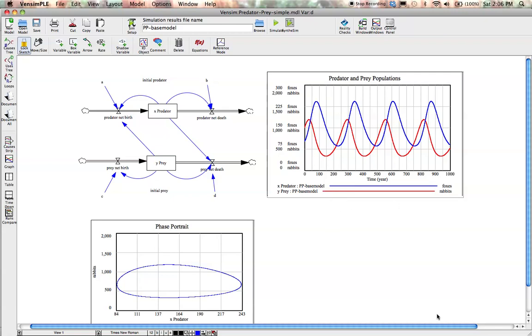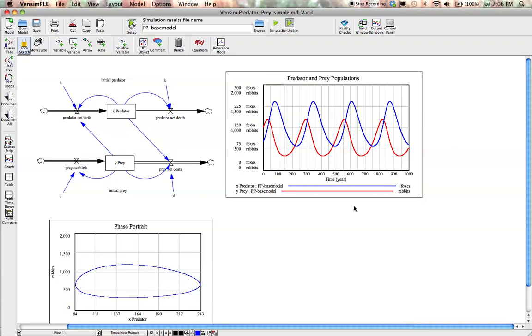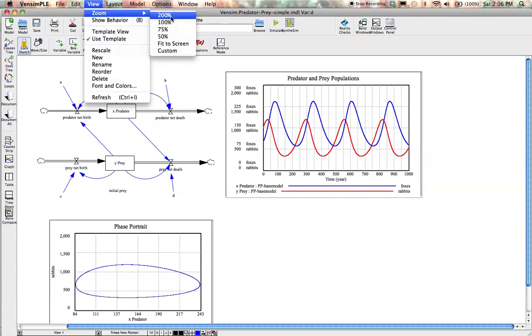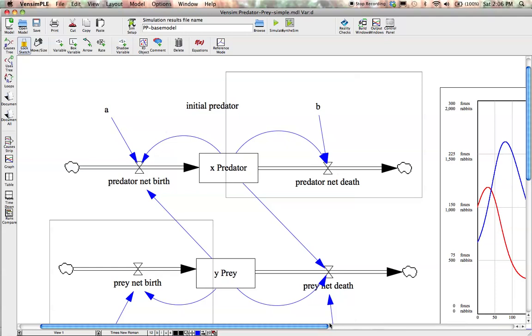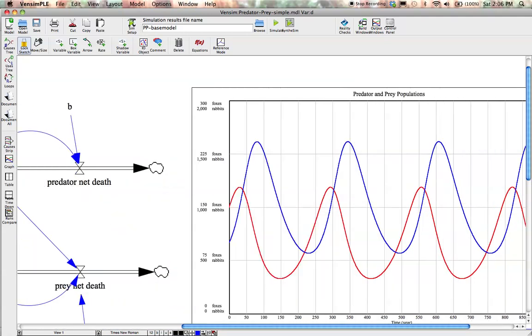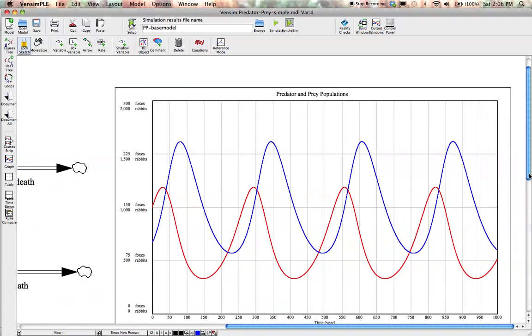I want to focus the attention on the graph here on the right, which is the one I had in the slides that I just showed. Interestingly enough, I'm going to zoom into this graph so we can see it in detail.